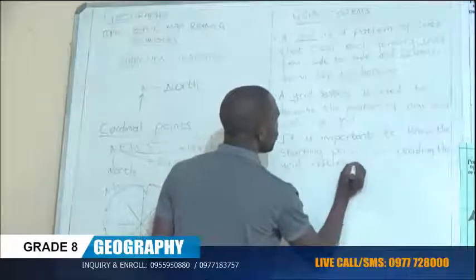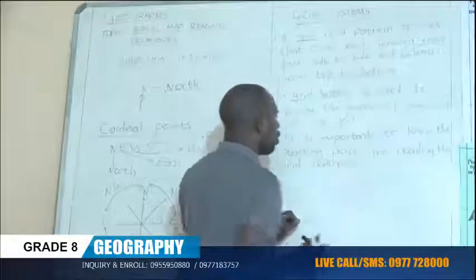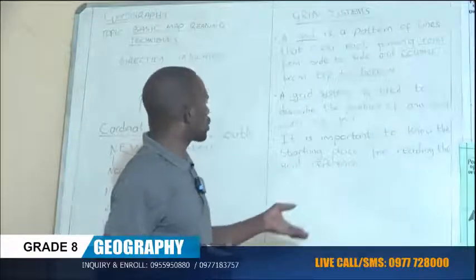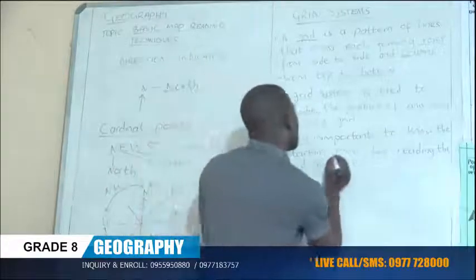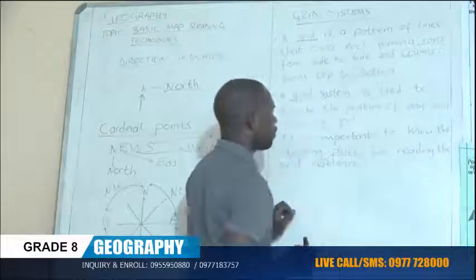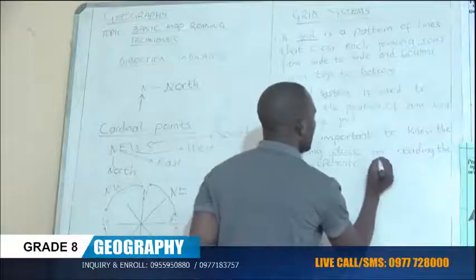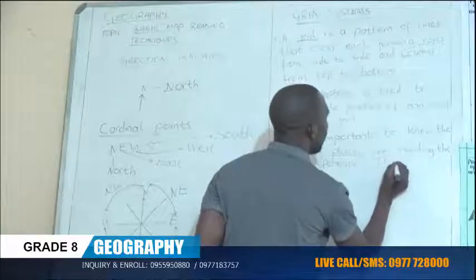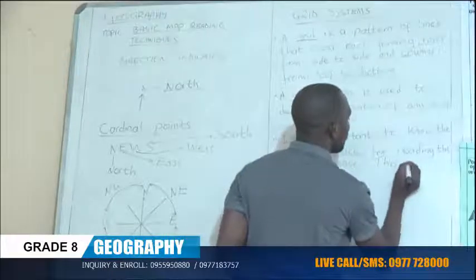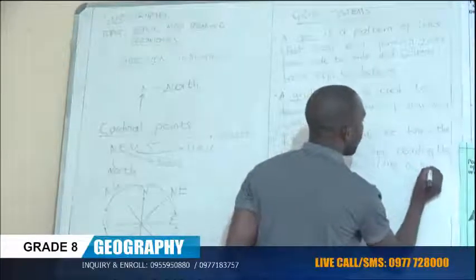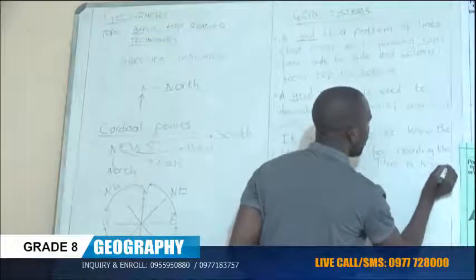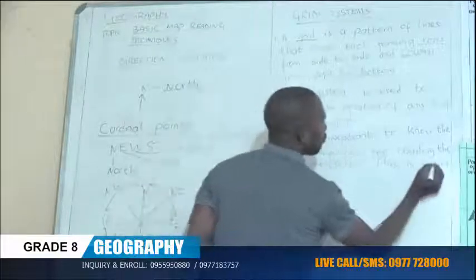Some people may ask you, what do we call these starting points? Or what do we call this starting place in singular for reading the grid reference? Just tell them that it is called the point of what?